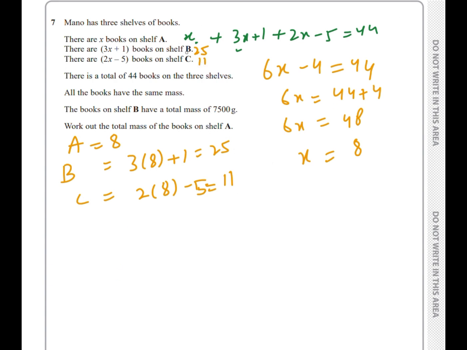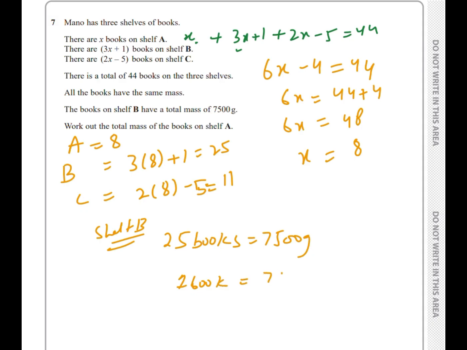Now, all the books have the same mass. The books on shelf B have a total mass of 7,500 grams, and we need the total mass of the books on shelf A. So if the mass of 25 books on shelf B equals 7,500 grams, for one book it will be equal to 7,500 over 25 grams, which is going to be 300 grams.